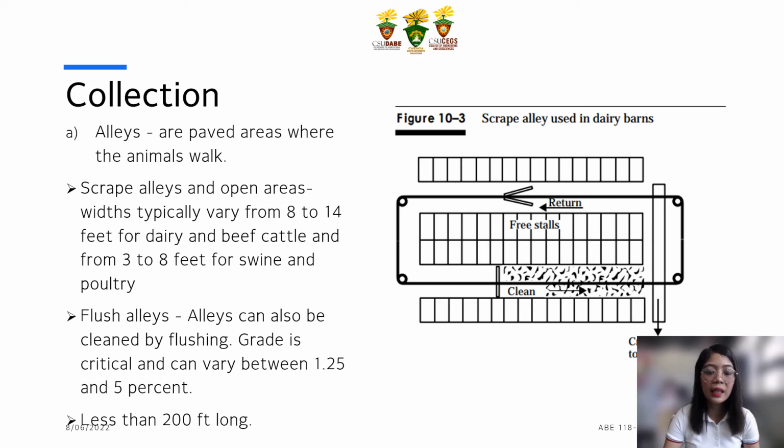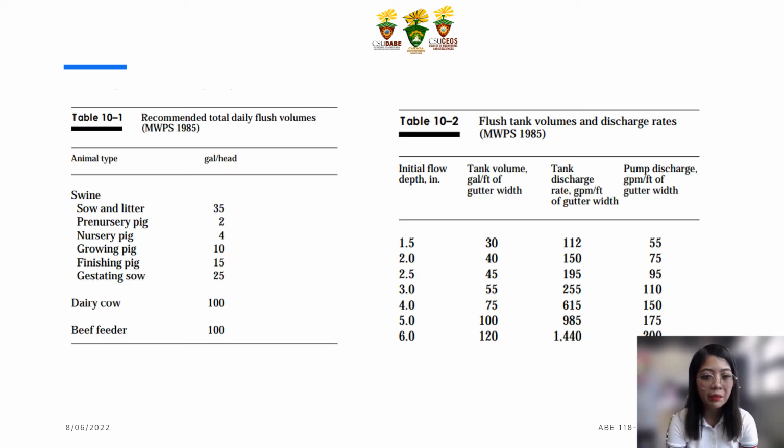So flush alleys and gutters should be cleaned at least twice a day. For pump flushing, each flushing event should have a minimum duration of about 3 to 5 minutes. So we have here some tables, Table 10-1 and Table 10-2. They indicate general recommendations for the amount of flush volumes, either for swine, dairy, or beef feeder.